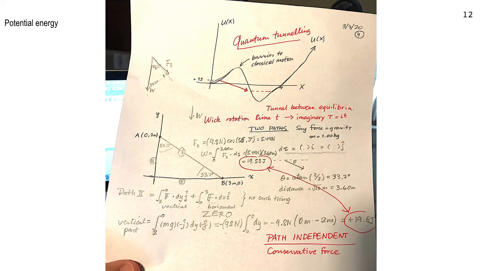So that's the second path integral. This is the vertical part of Roman numeral 2, and this is the horizontal.